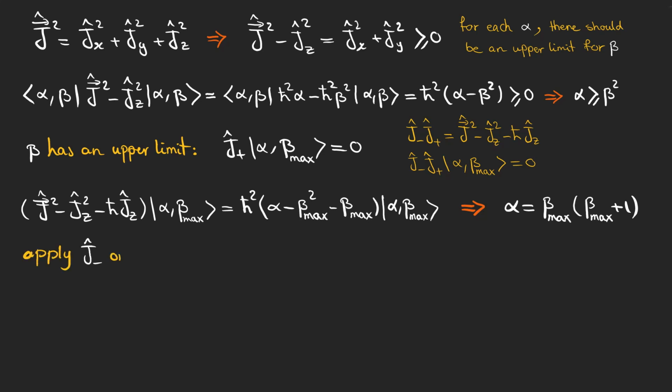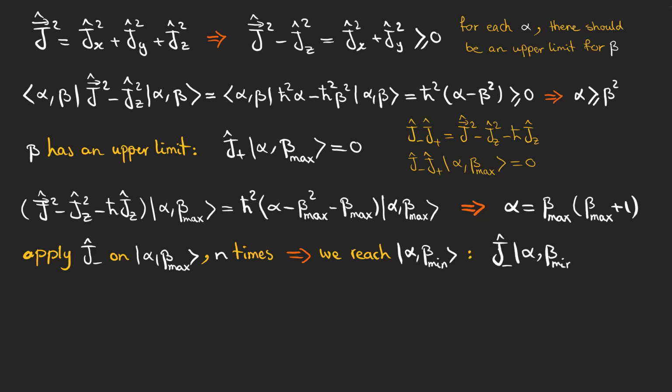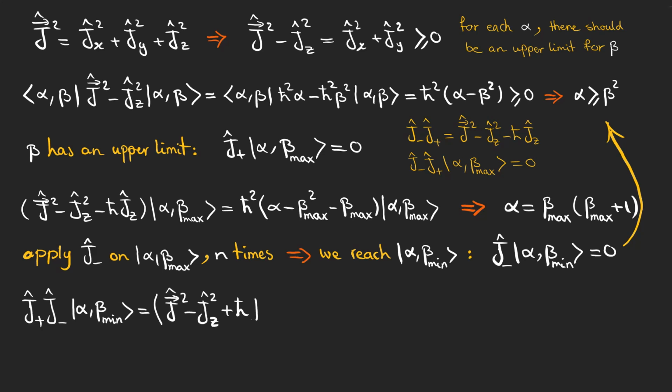If we apply J− on |α, β_max⟩ n times, we reach |α, β_min⟩. And if we use J− on this minimum state one more time, we will get 0. This is because β_min² should be less than or equal to α. So let's do the same thing for J+ and J−, which can be written in terms of J² and Jz.